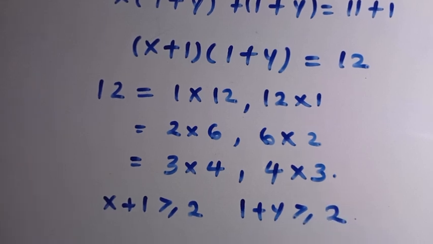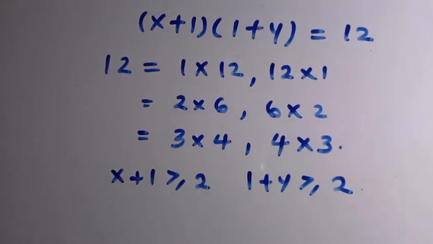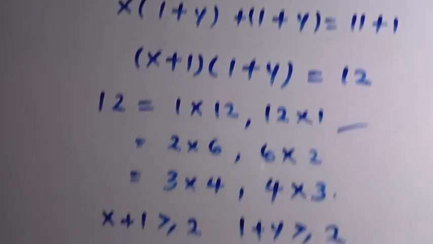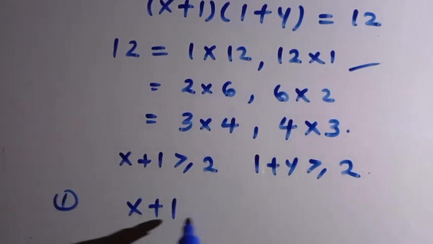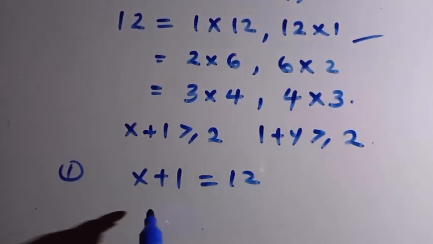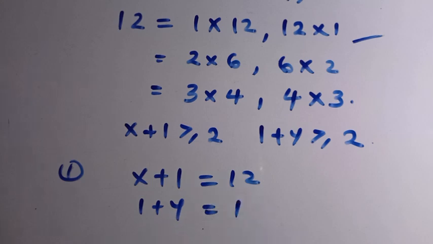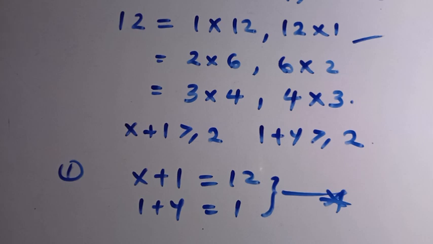If you now consider the first case, which is x + 1 equals 12, or 1 + y equals 1, we are going to have x + 1 equals 12 and 1 + y equals 1. But this is not the case for me, because the question says find x + y. That is what I need.